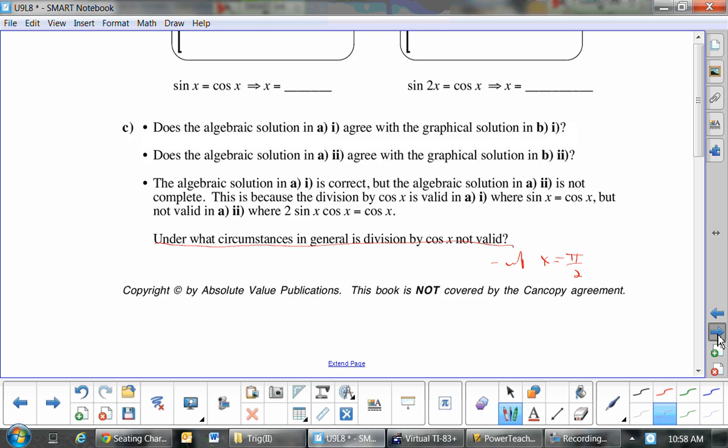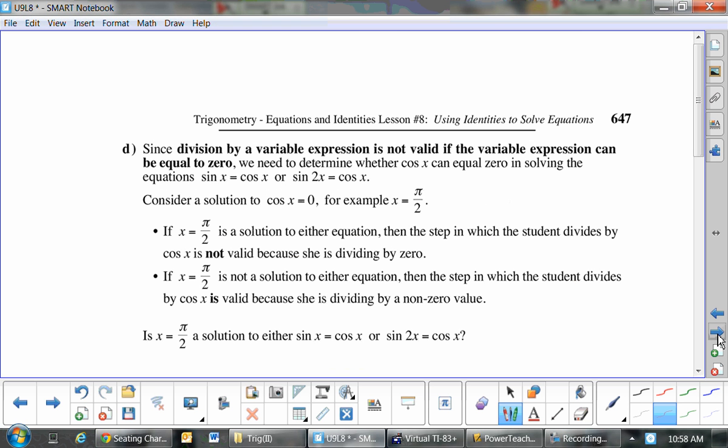Let's go to the next page. Okay, so, and again, it just kind of stresses this. If pi over 2 is the solution to either equation, then the step in which the student divides by cos x is not valid because she is dividing by 0. You can't divide by 0.